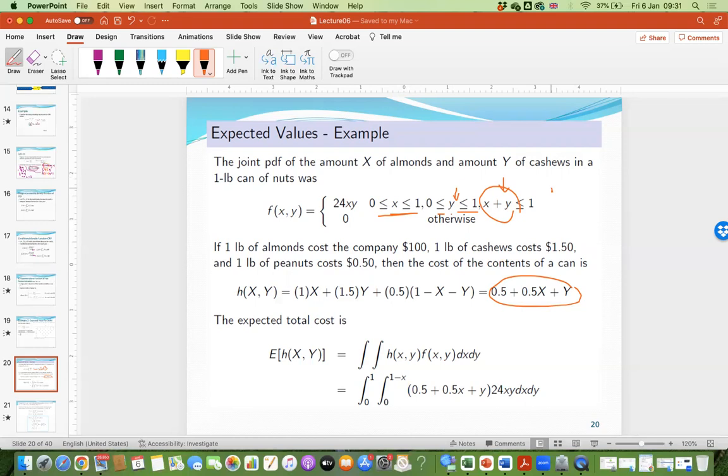Let me show you. x plus y equals 1, so y equals 1 minus x. So it's moving between that range, and therefore the limit is 0 to 1 minus x. And we put the equation here. Don't forget.